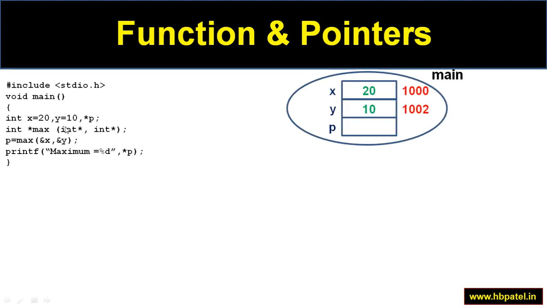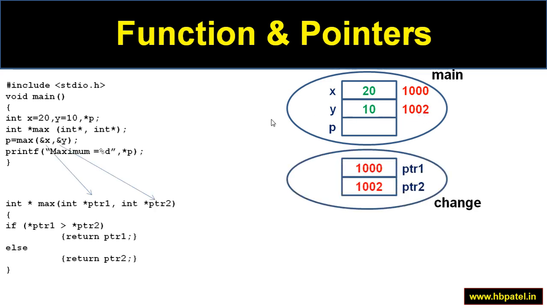So then how do I call it? First see, these are the three variables x, y and p. x is 20, y is 10, and let's say these are the addresses of x and y. We are just assuming p is blank. Then now I am calling max(&x, &y), which means I am calling the max function with two addresses being thrown. &x is 1000 and &y is 1002.